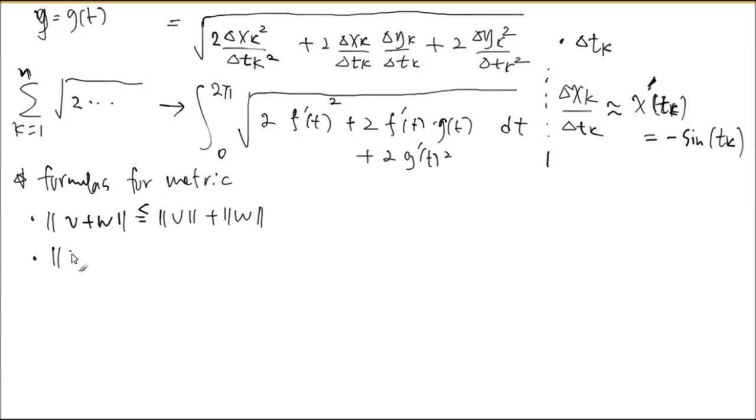And how about this one? What's a strange formula? Anybody remember this formula? 2 times v squared was the parallelogram equality or something like that. It's 2 times w squared. No, it's a plus, and here's a v minus w in there.